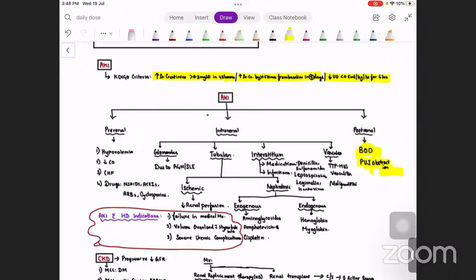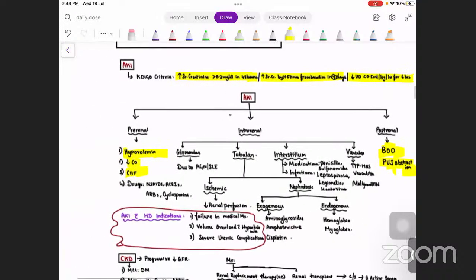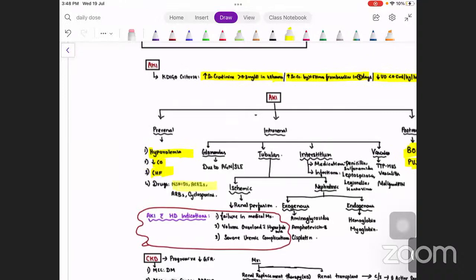Or the pre-renal one, consider the glomerulus. We have the efferent and afferent arteriole, which resists the blood. So it would be whatever factors can decrease the volume of blood, or decrease the cardiac output, or any heart failure where the heart cannot pump enough blood to the respective kidney, or any drug abuse like NSAIDs, ACEIs, ARBs, and cyclosporin.